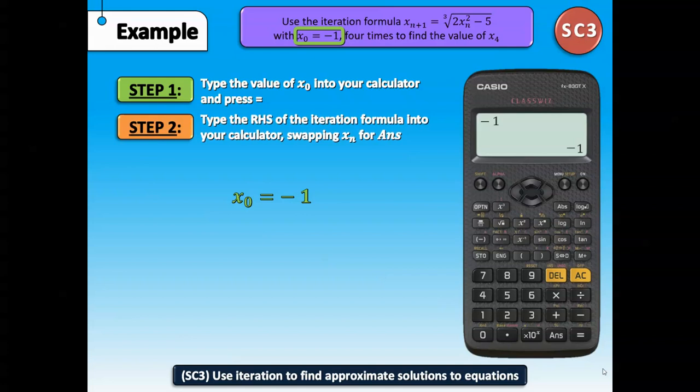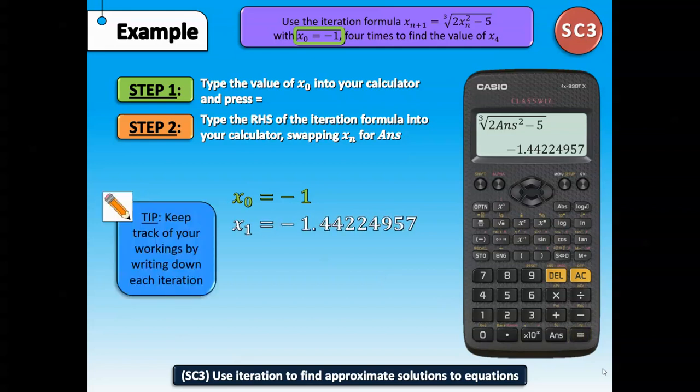Then step 2, type the right-hand side of the iteration formula into your calculator, swapping x_n for ans. So we press shift, then the cube root button, then 2, then ans squared, and then take away 5. If we press equals, we should get this answer.